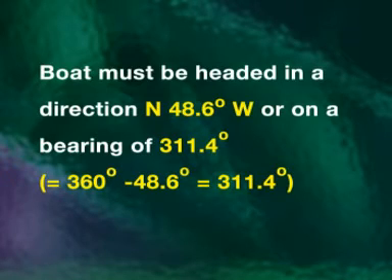The boat must be headed in a direction north 48.6 degrees west, or on a bearing of 311.4 degrees. That is 360 minus 48.6 equals 311.4.